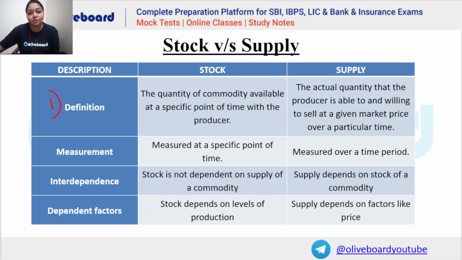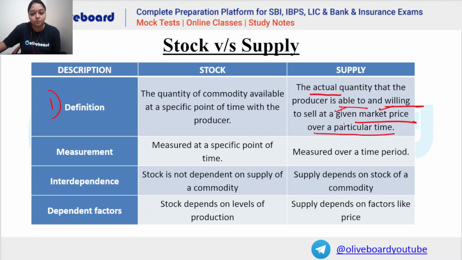It is very specific. Coming to supply, it is the actual quantity that the producer is able to and willing to sell at a given market price over a particular period of time. So there are two things that you have to understand here: able to and willing to.